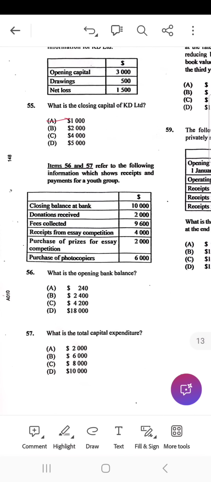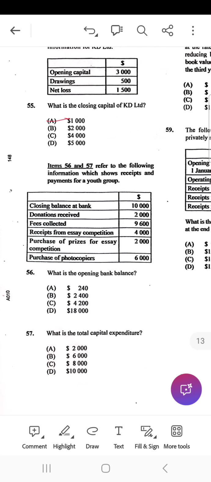Donations received, fees collected, receipts from SA competition, all that would be receipts, money we received. That would add up to 2,000 plus 9,600, that's 11,600, plus 4,000, that's 15,600.